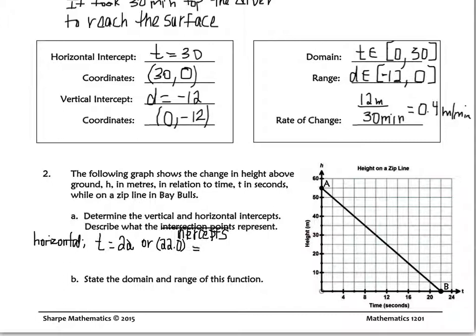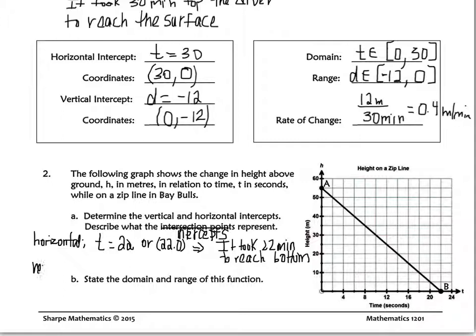So that means that it took 22 minutes to reach a height of 0. So it took 22 minutes to reach the bottom, or height of 0.